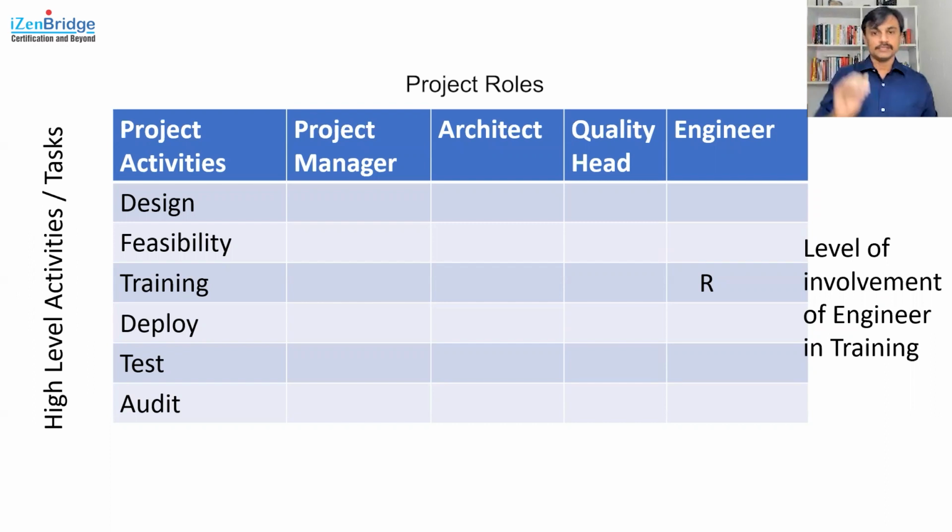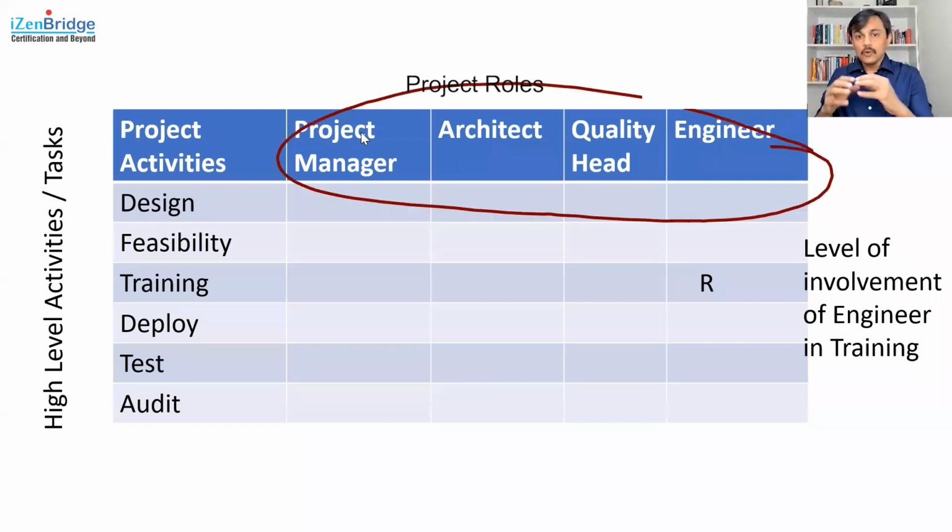You can say team leader, project manager, architect. So many times you put the role as a column rather than the individual name. But in simple words, we can say the columns are the actors. These are the people whose roles and responsibilities we are interested in clarifying. So whoever is the player, whoever is the actor in the game, we put them as the column.